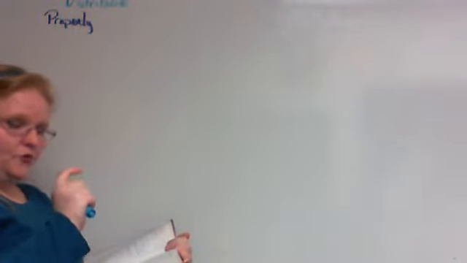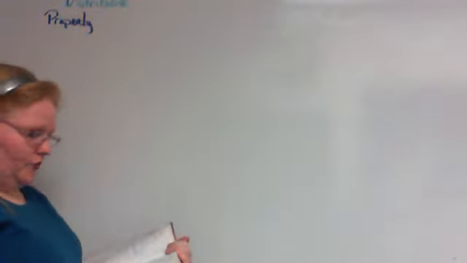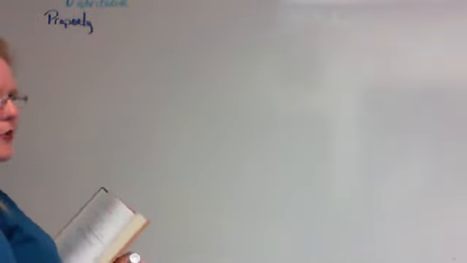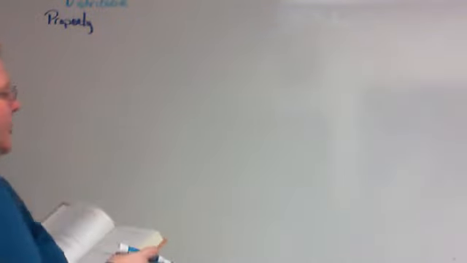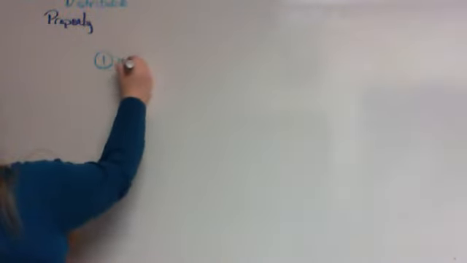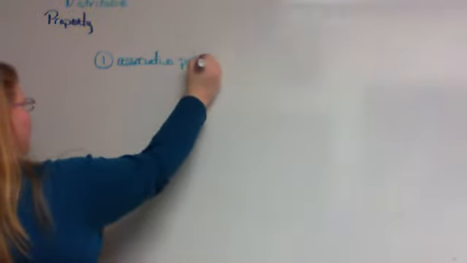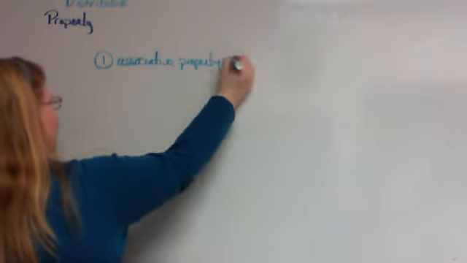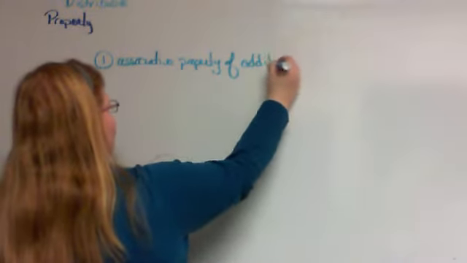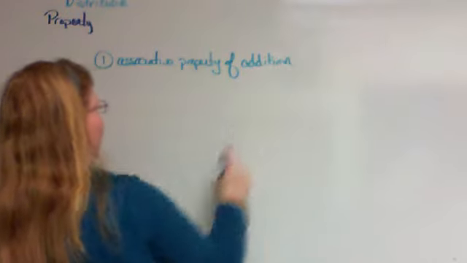So when your parentheses move from one place to another, that's the associative property. And are they multiplying or are they adding? Okay, they were adding. So that's the associative property of addition.